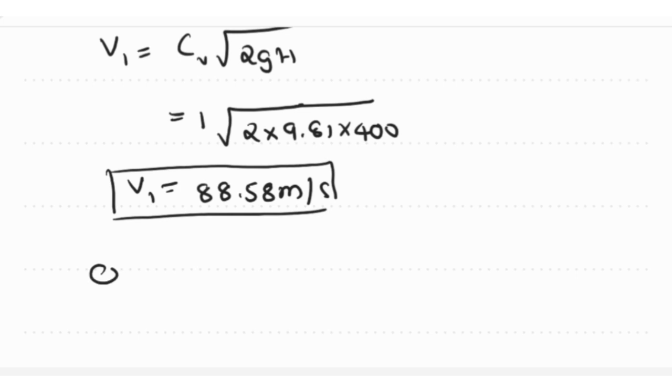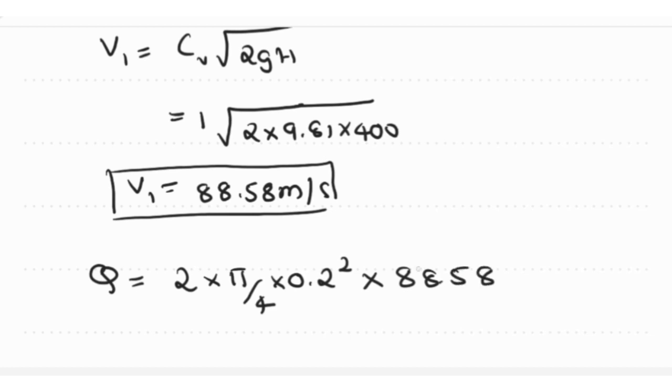So you can calculate Q is equal to number of jets, 2, into area pi by 4 into d squared, multiplied by velocity, 88.58.